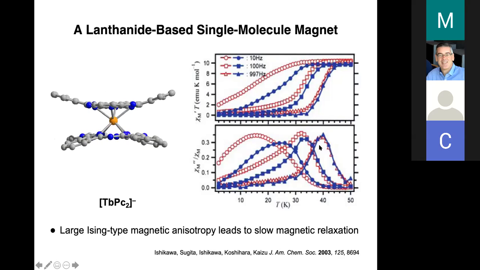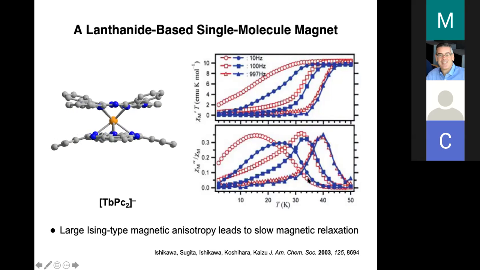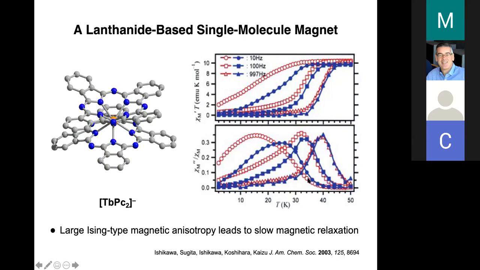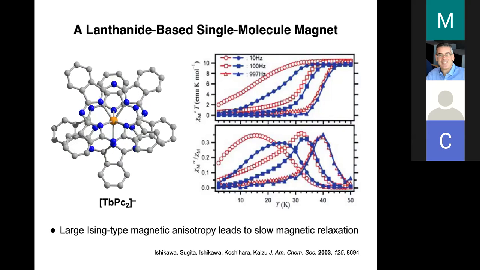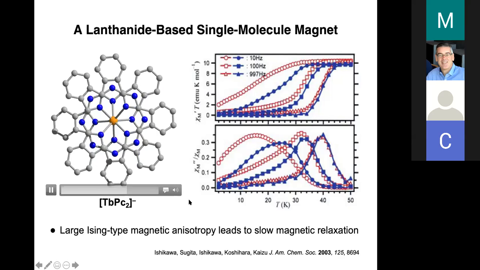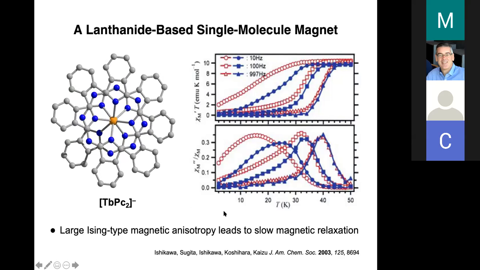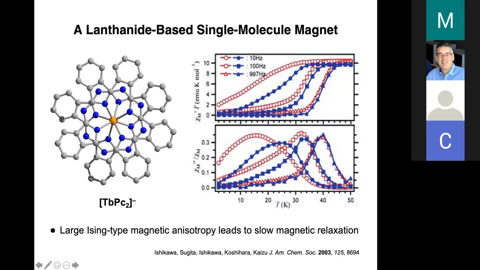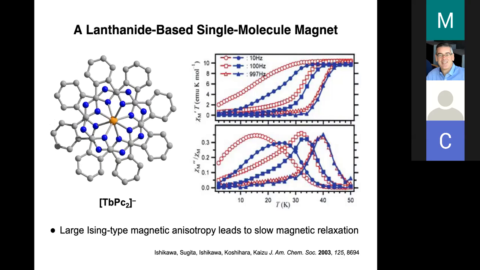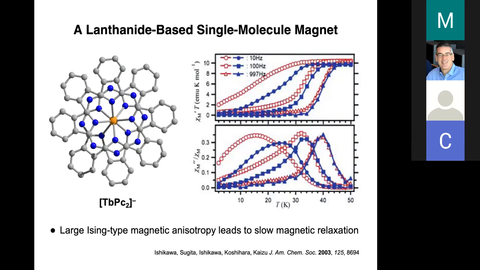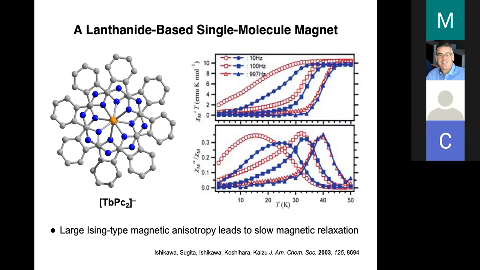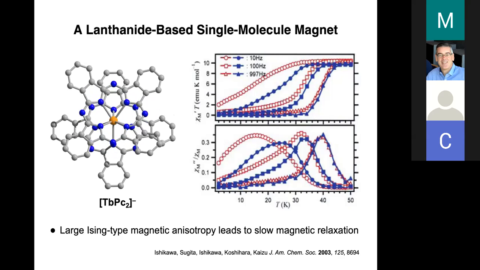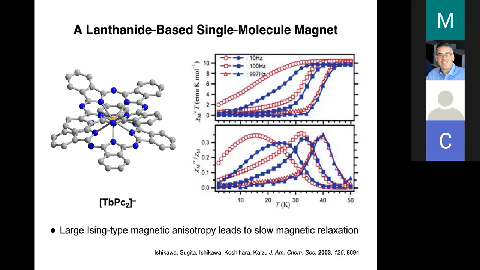And so here, they saw slow relaxation via the AC susceptibility measurement, but did not observe magnetic hysteresis even at very low temperatures. And that's because there are two mechanisms that play here. One is tunneling, which allows relaxation when you take away a magnetic field.